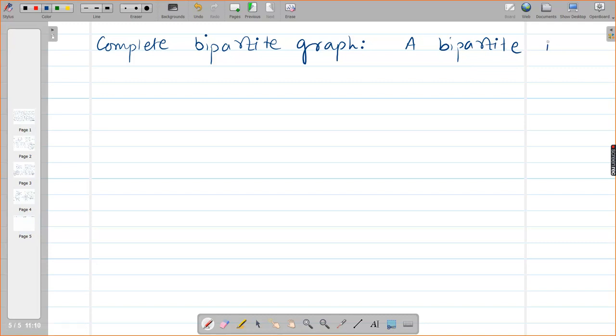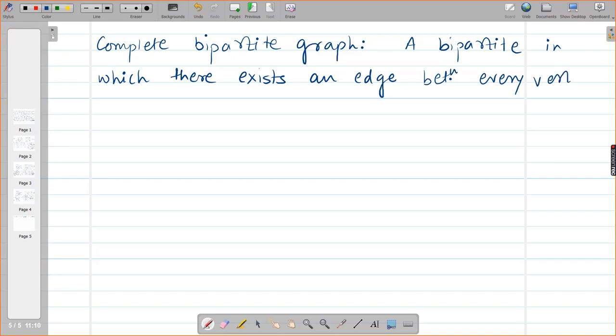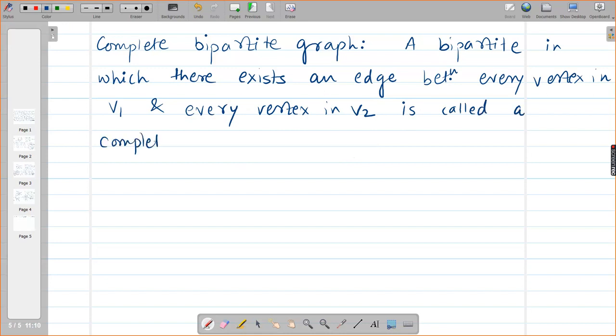A bipartite graph in which there exists an edge between every vertex in V1 and every vertex in V2 is called a complete bipartite graph.